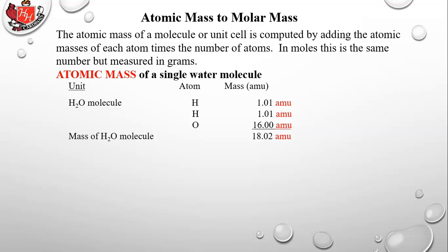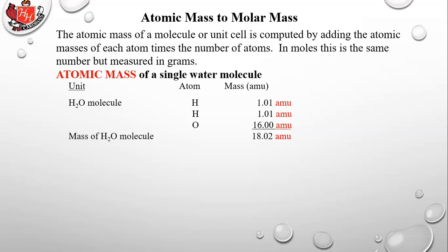Remember, that's the average mass of all different isotopes of hydrogen. So on average, each hydrogen atom has a mass of 1.01. So you add that, and then you have a second hydrogen. You add that in again, 1.01, and then oxygen has an atomic mass of 16. You get those numbers off the periodic table. So for a water molecule, 2 hydrogens and 1 oxygen, the atomic mass is 18.02 atomic mass units.